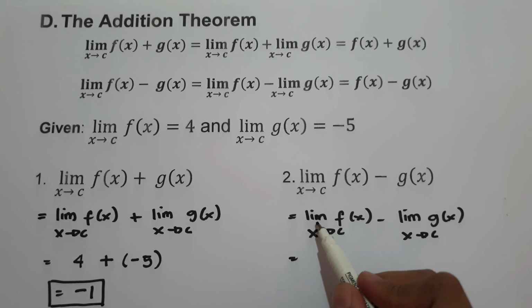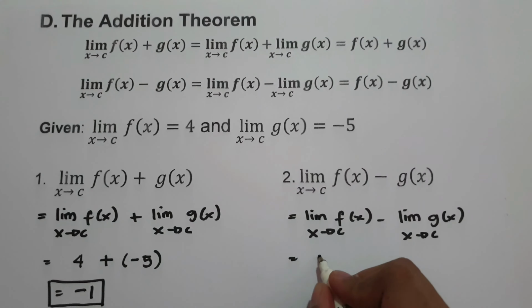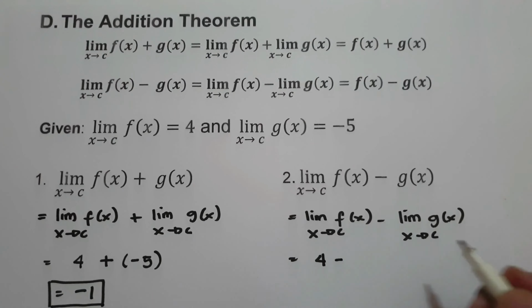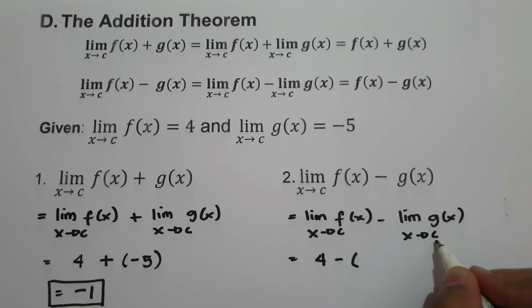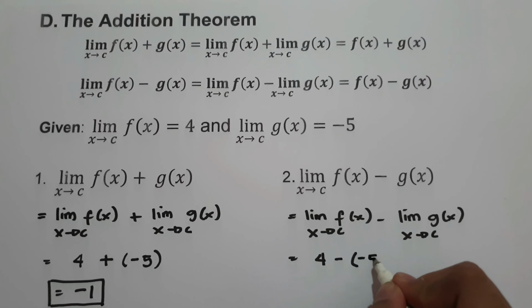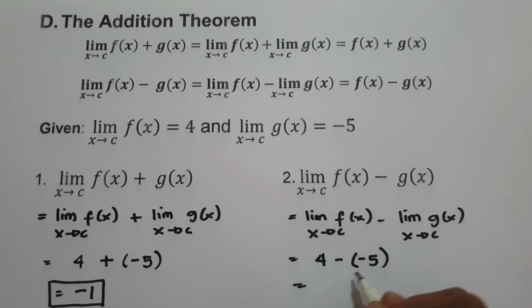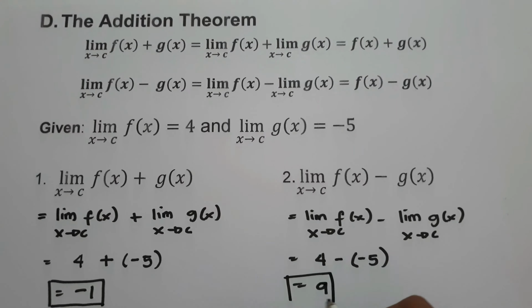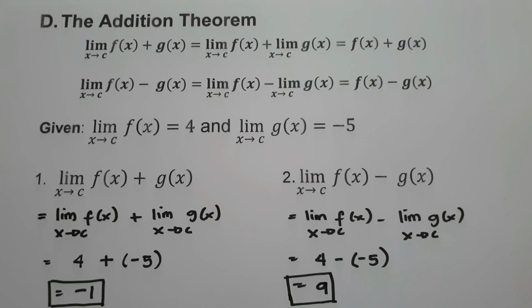So the value of the limit of f of x as x approaches c is 4, and the limit of g of x as x approaches c is negative 5. So that is 4 minus negative 5, that is 9. And this will be our answer. So that is the addition theorem.